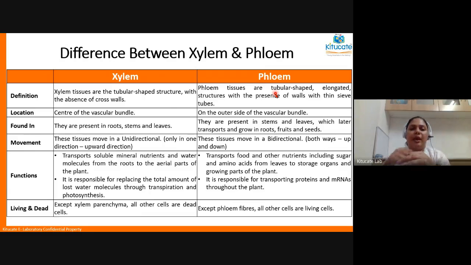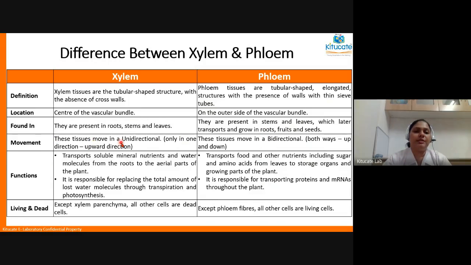For example, if I have a structure of straws, xylem is at the center, and covering the xylem we have the phloem cells. Xylem is present in the roots, stems, and leaves. But phloem initially is present only in the stems and leaves, and later, when the transportation of food begins, it grows in the roots also.